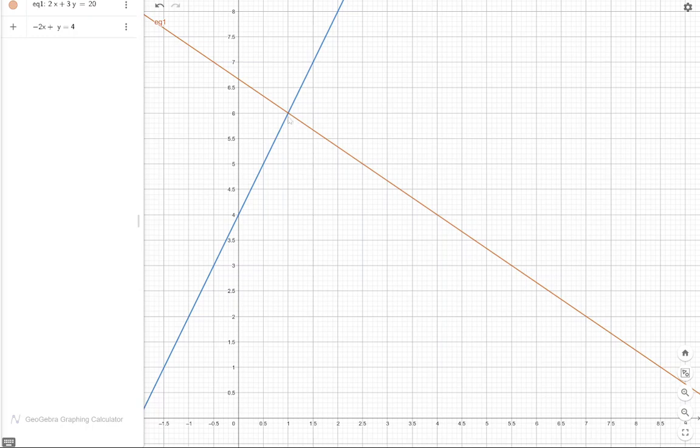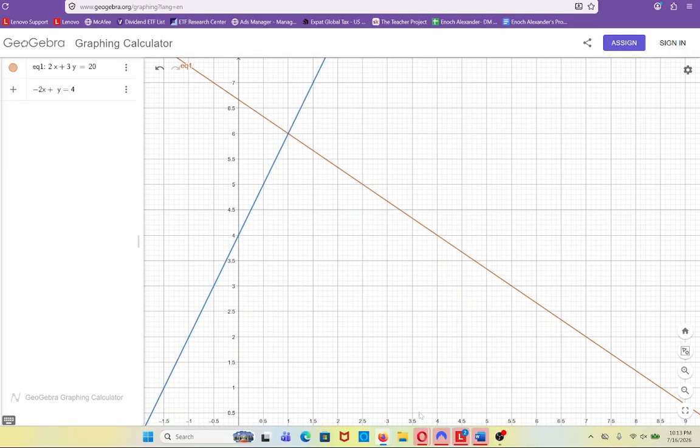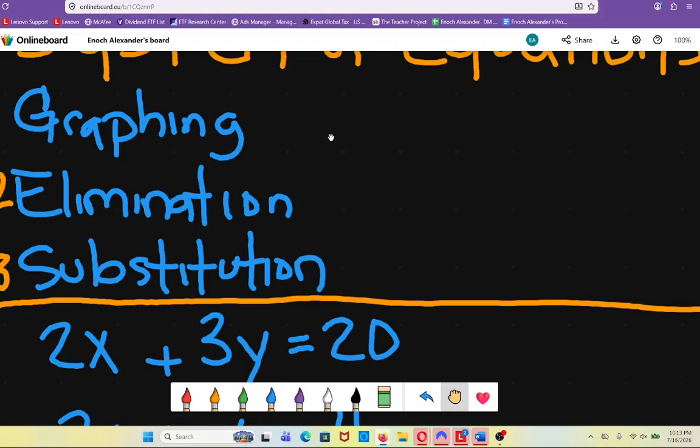Graphically, if we were solving this by graphing, the answer would be 1, 6. You should also get the same answer if you use substitution or elimination. So now we'll start with elimination, and we should get the same answer.